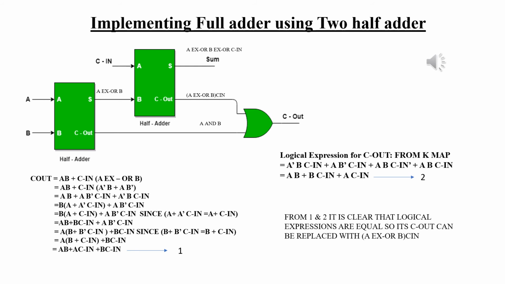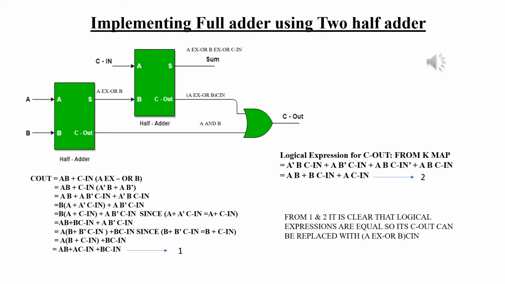In this diagram we are considering two half adder circuits. The output of the first half adder circuit is given as input to the second half adder circuit, and the third input C in is added by using the second half adder circuit. The output of the second half adder circuit gives the sum output of the full adder circuit, and the C out of the second half adder circuit is given as input to the OR gate.